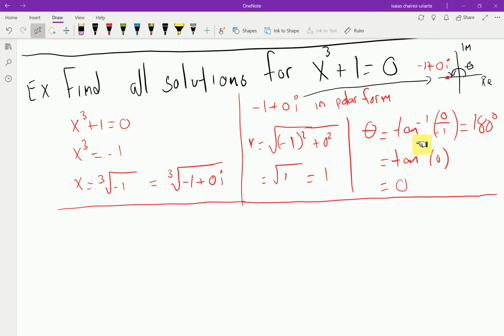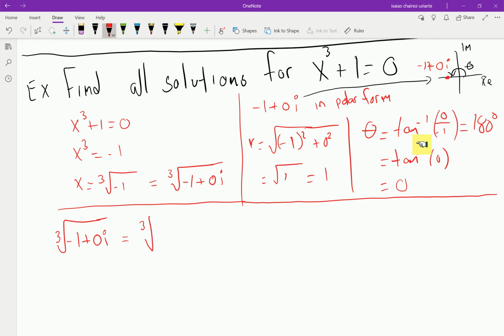So we now know how to express our complex number in polar form. Now we have to figure out the cubic root of negative 1 plus 0i.